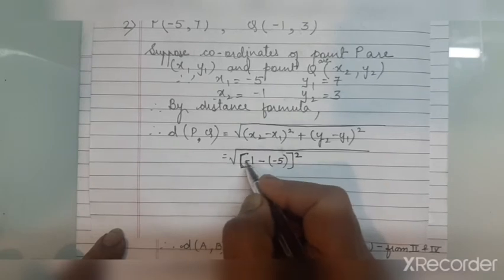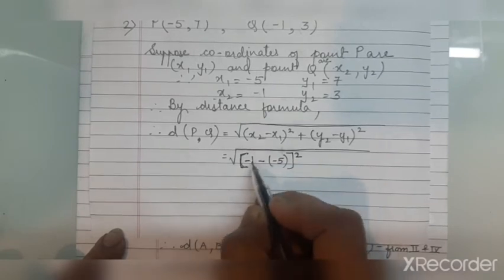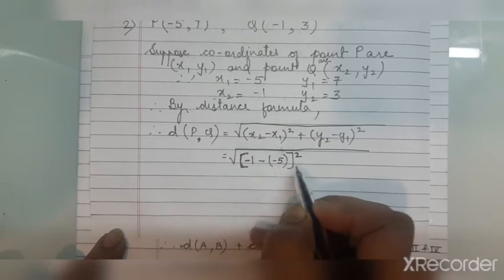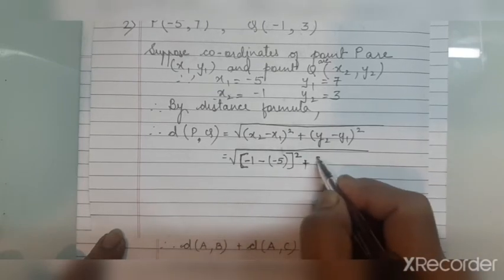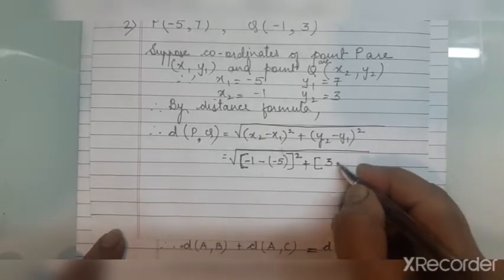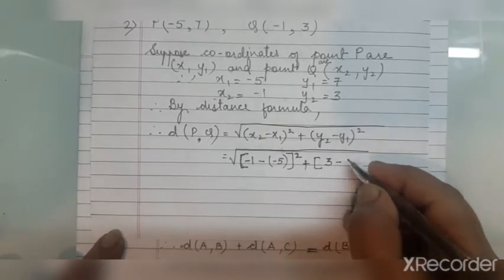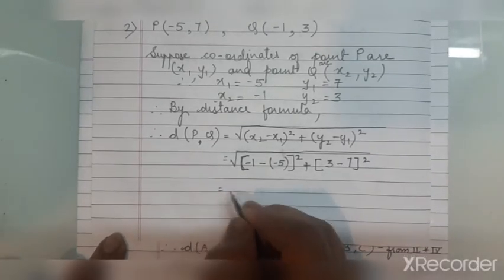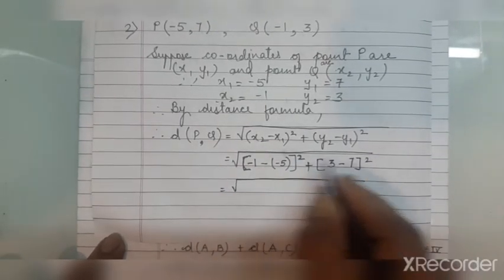So x2 minus x1, x1 is this, the whole square, plus. Now y2. y2 is 3 minus y1 is 7, the whole square. Okay.